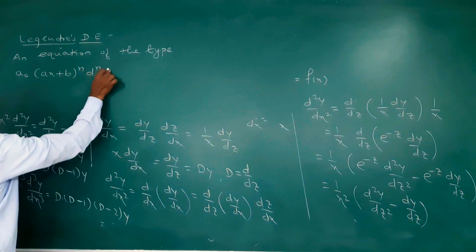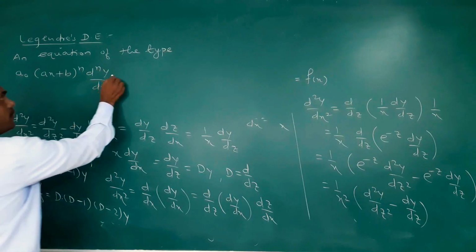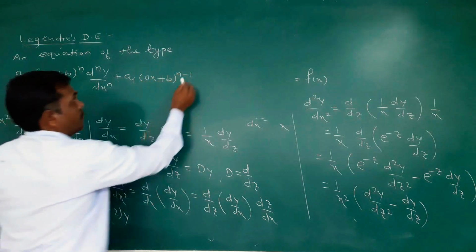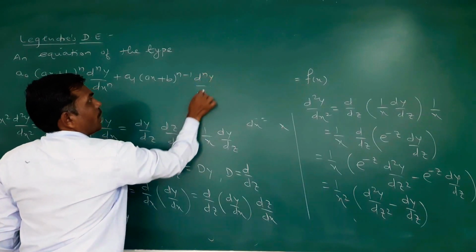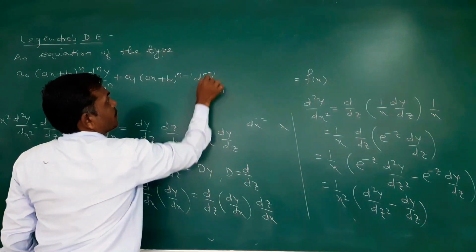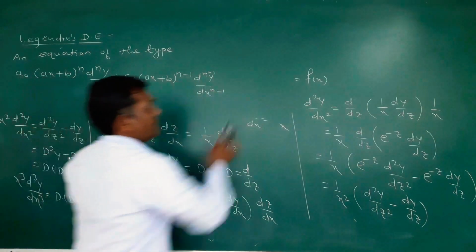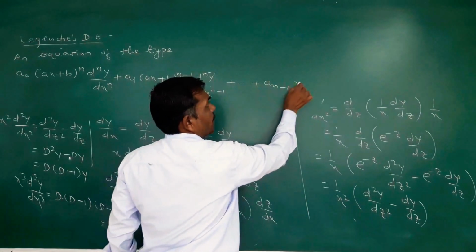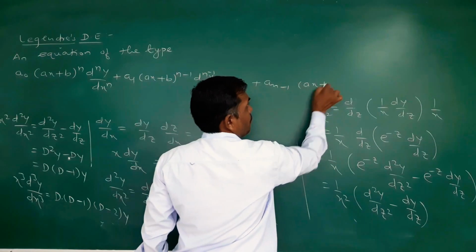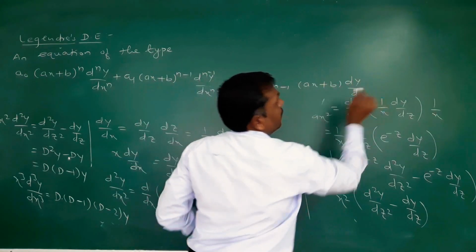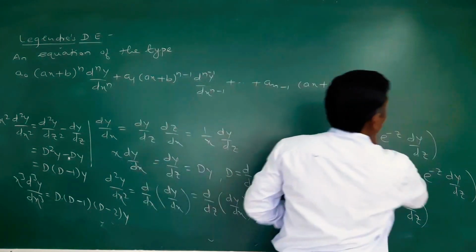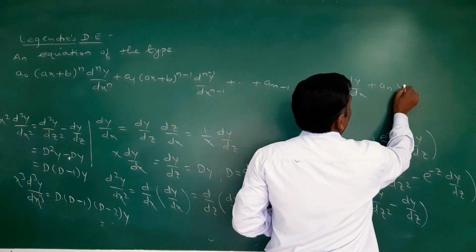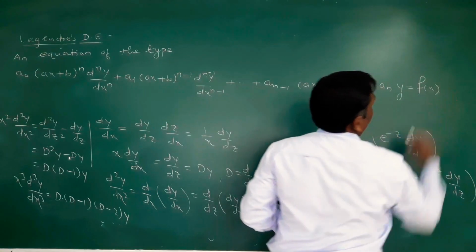So a0 (ax plus b) raised to n d raised to n y by dx raised to n plus a1 (ax plus b) raised to n minus 1 d raised to n minus 1 y by dx raised to n minus 1, plus dot dot dot, plus a n minus 1 (ax plus b) dy by dx. Let me finish it, plus a n y is equal to f of x.